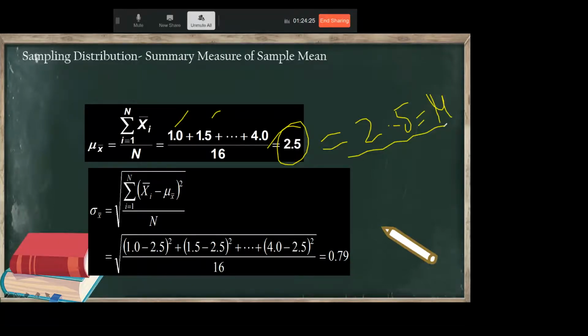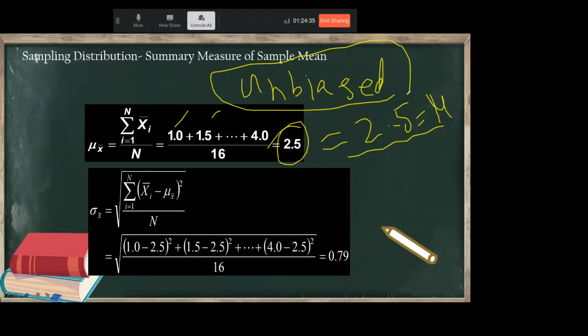So if this is the case, then we call this unbiased. We have no bias in it. This is an unbiased estimator. So mu of x bar, x bar is an unbiased estimator of the population we are looking into. It's the same: mu of population equals mu of sample mean.